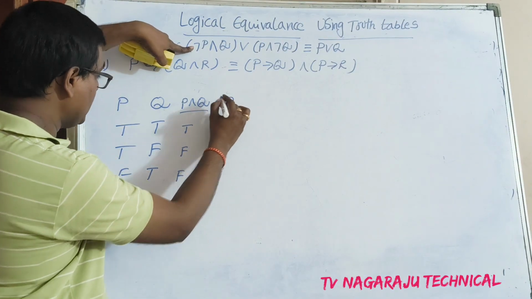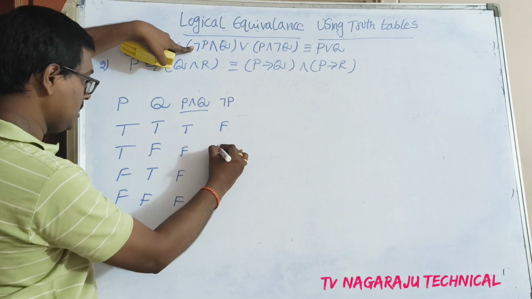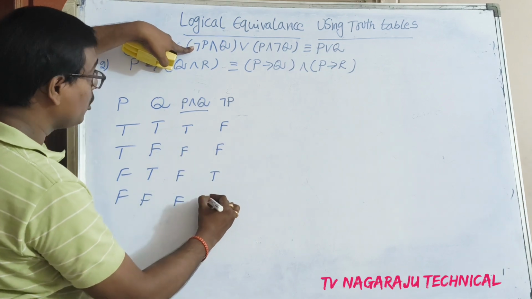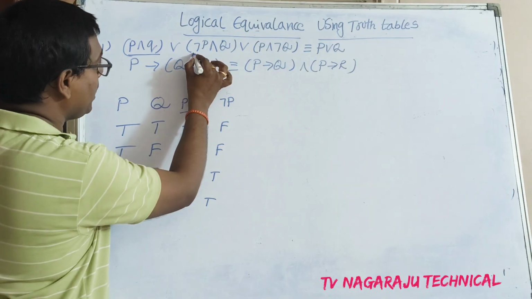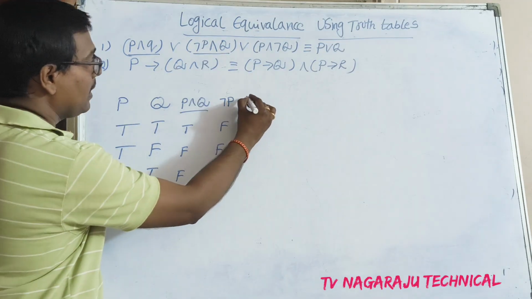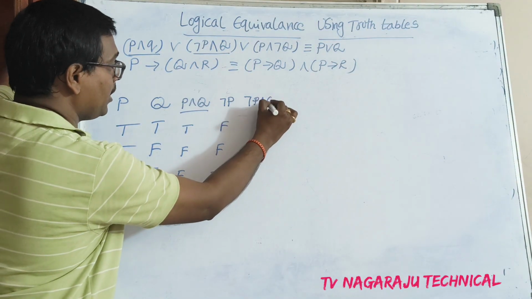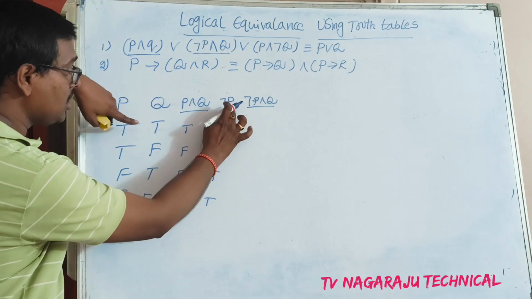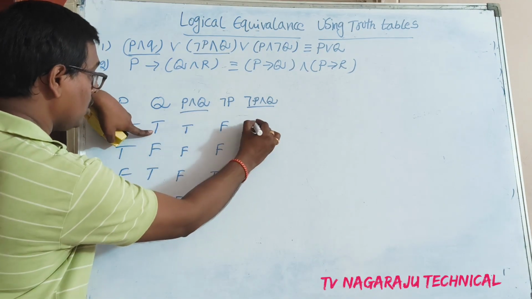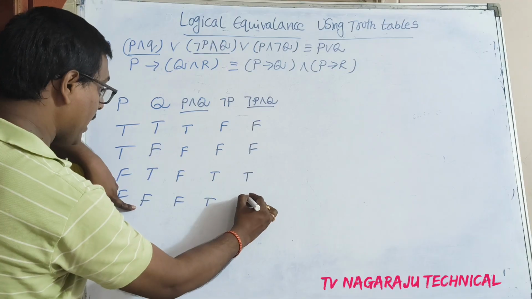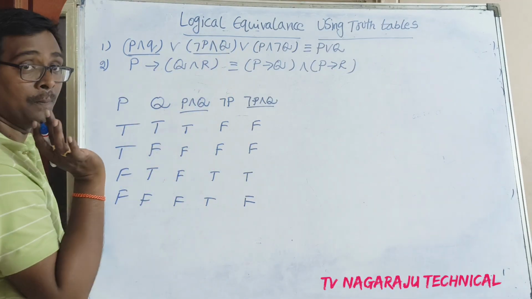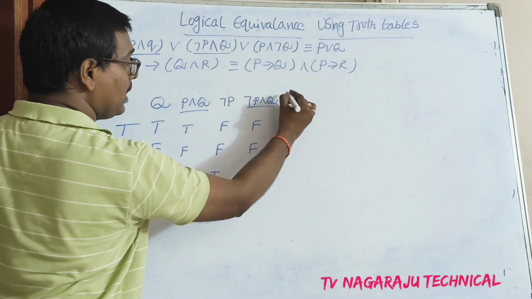Negation P: false, false, true, true. Now you need to calculate negation P and Q: false, false, true, false. This is also completed.